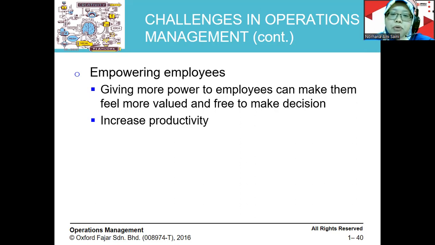When we empower employees, they see that the organization believes in their capabilities, so that can lead to staff loyalty. They will have no issues with turnover, no high turnover rate. Because you empower them and trust them, they will increase their productivity.